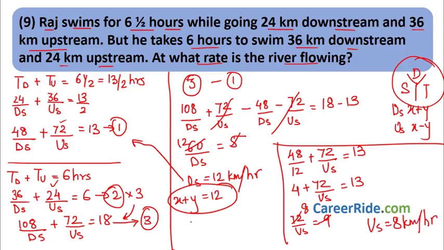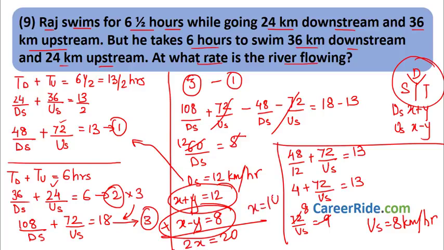But what is upstream speed? We know it is x minus y. So x minus y is nothing but 8 kilometers per hour. If we add these two equations, what do we get? Y gets cancelled. x plus x is 2x equal to 8 plus 12, which is 20. So what is the value of x? 10 kilometers per hour, right? If the value of x is 10, what will be the value of y? There's space over here, so let's calculate it on the right hand side.